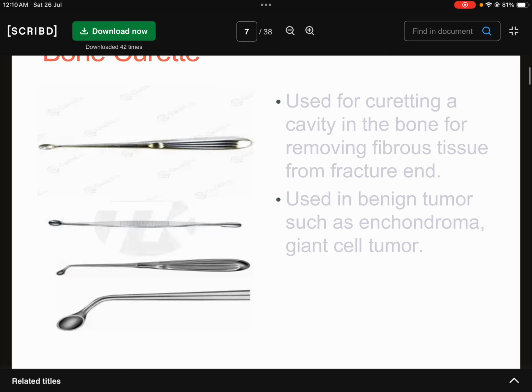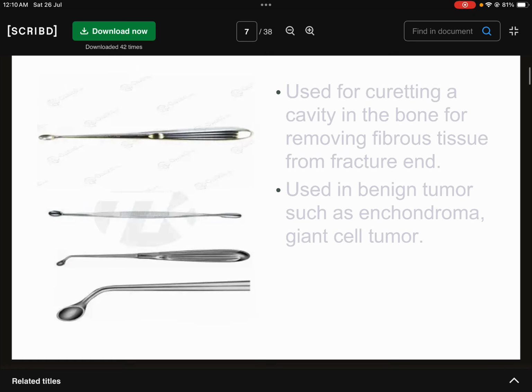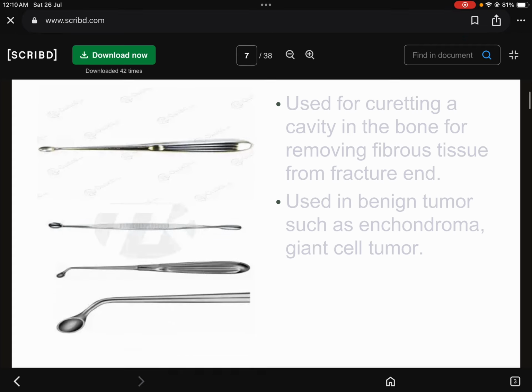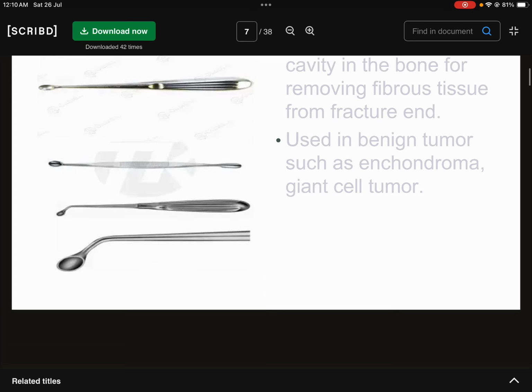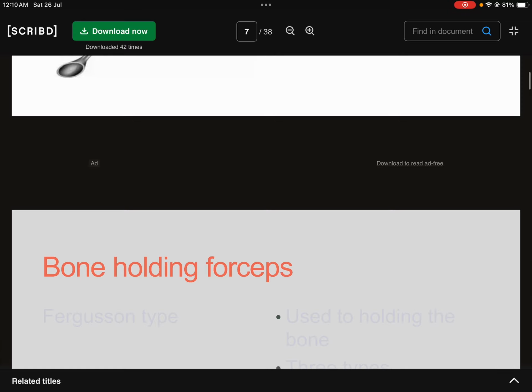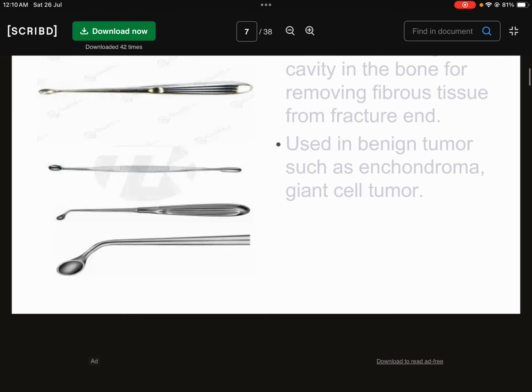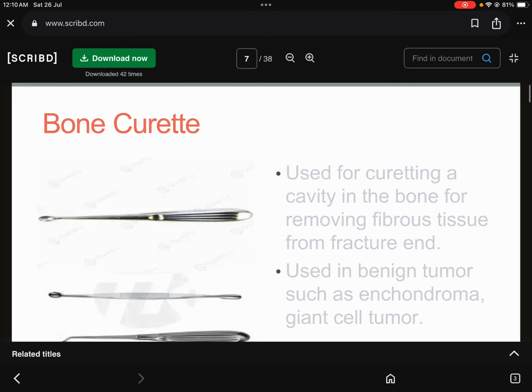In case of debridement, we can use the bone curette to clean the bone or any infected soft tissue or foreign body.